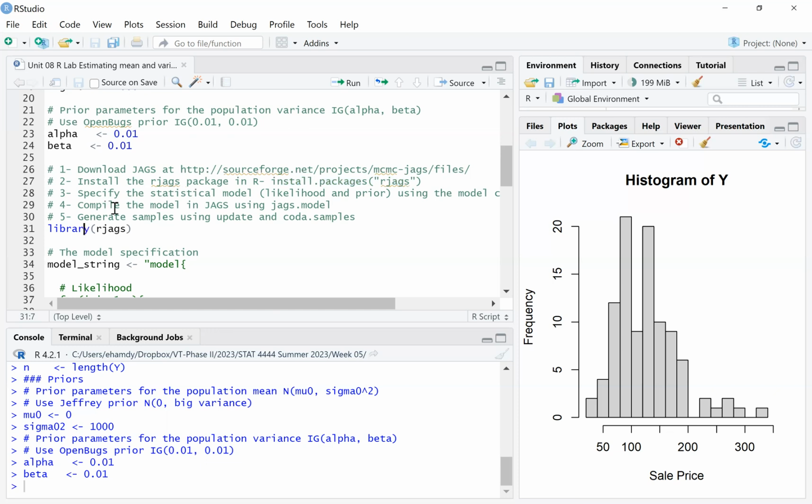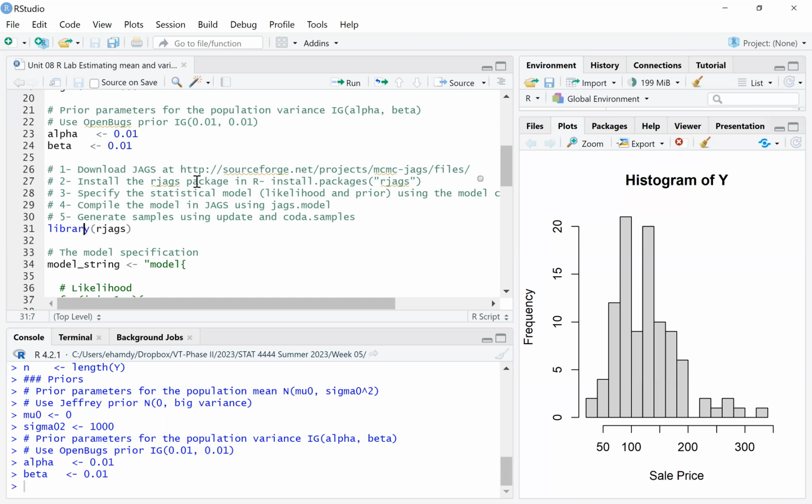And then in this package, you need to specify two things: the likelihood and the prior distribution. Only these two. You need to give the package the prior distributions and the likelihood, or the data distribution. Using the data distribution, the function will change it into the likelihood, then multiply the likelihood by the prior distributions and get the posterior distribution.